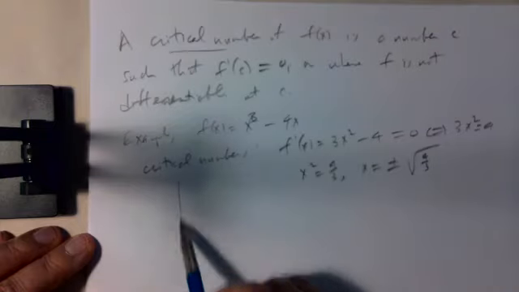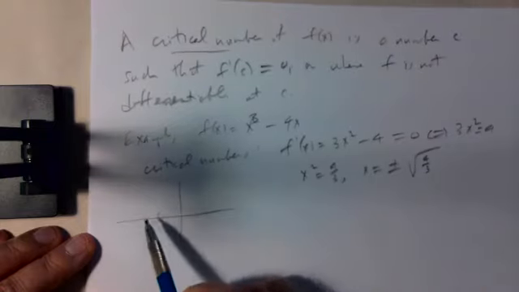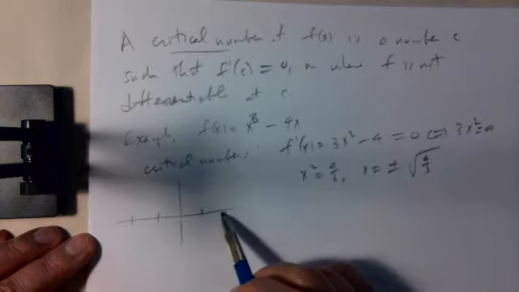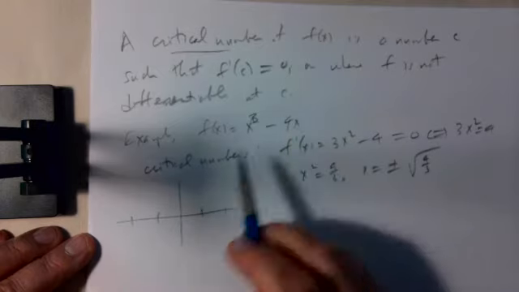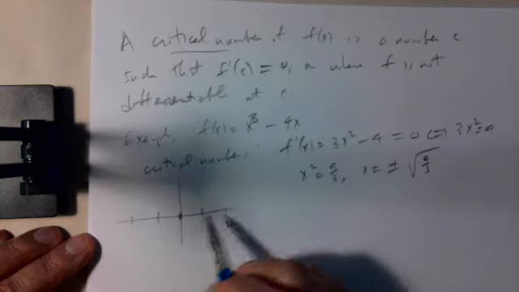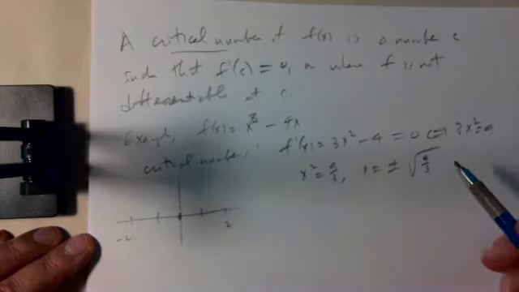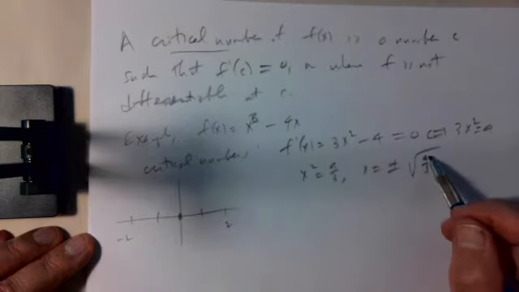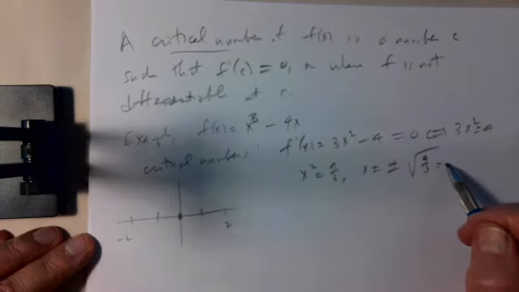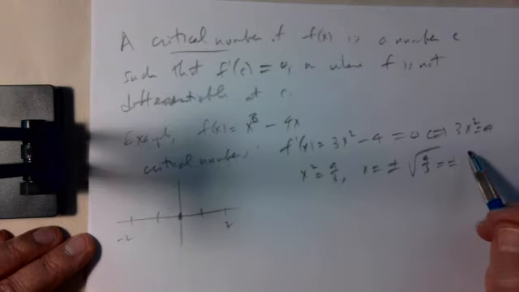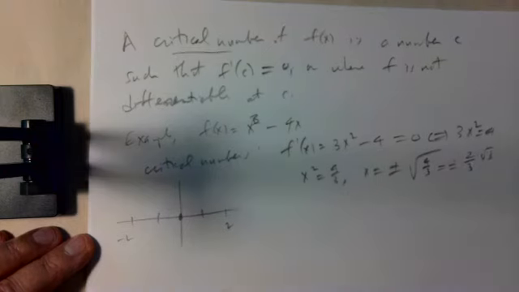And in fact, if you were to graph this function, it is equal to 0 when x is 0, 2, or minus 2. What is the square root of 4/3? That's plus or minus 2/3 times the square root of 3, I believe. This is about 1.7, 1.8. This is approximately 1.2.